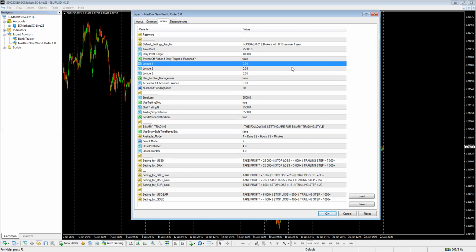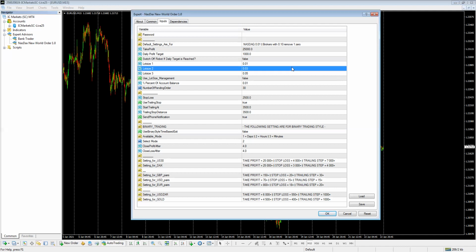Now, if the robot analyzes at a different time on the same pair, or at the same time, but in this case the setup matches the rules at about 95%, then it will use lot size 2.